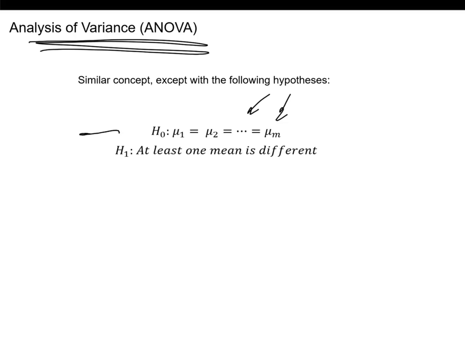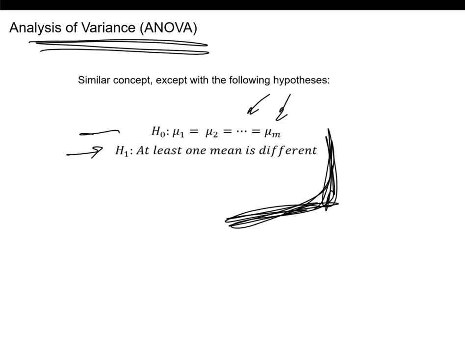Again, remember that your null and your alternative have to be complements of each other, right? So if in your null you have that each group has the same average outcome, the alternative is that at least one of those is different. You can have more than one, but the true alternative is that at least one of the means is different, right?